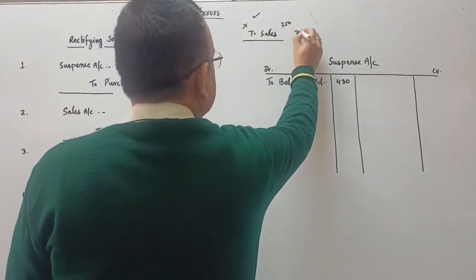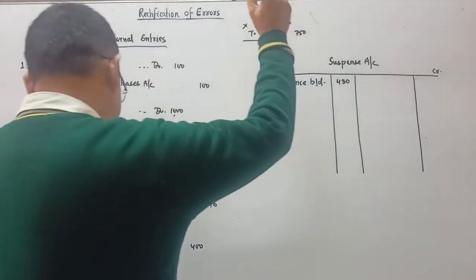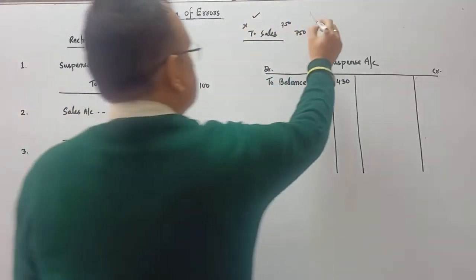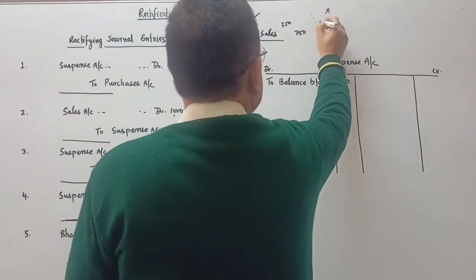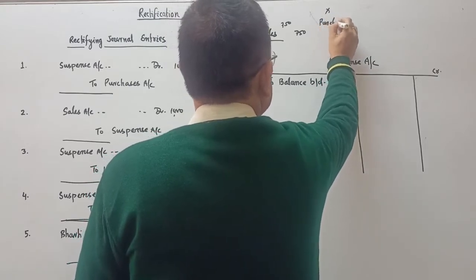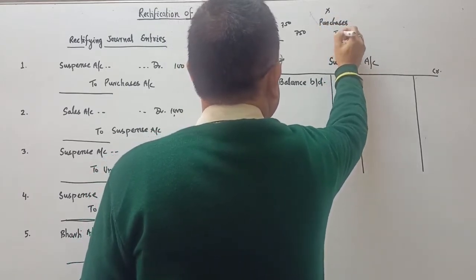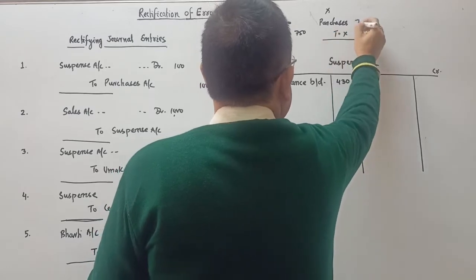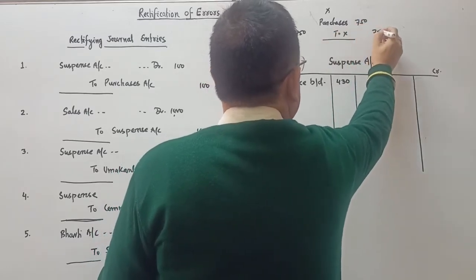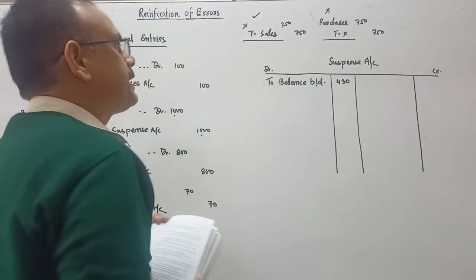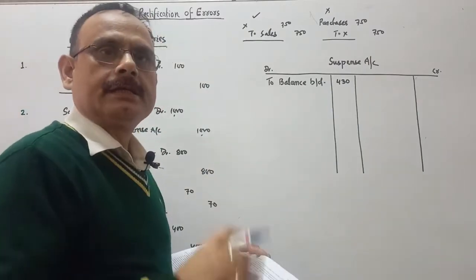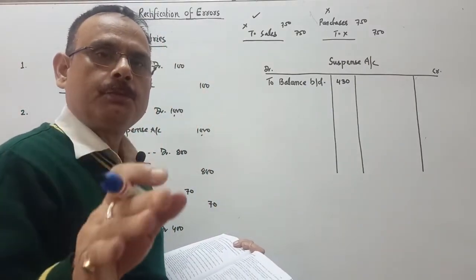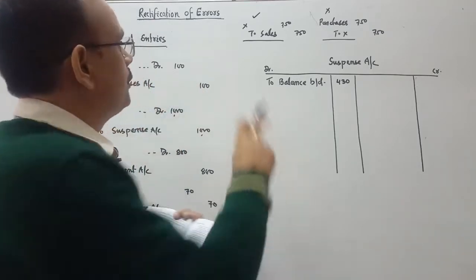But wrongly it is entered in the purchase book. So the mistake is what? It is recorded in purchase book like this: purchase account debit to X account. Trial balance will match because every debit has a corresponding credit with the same amount.